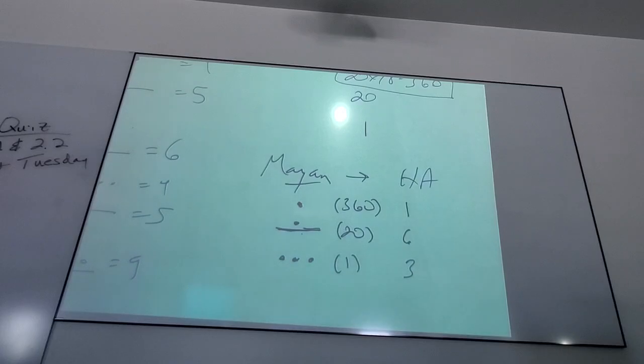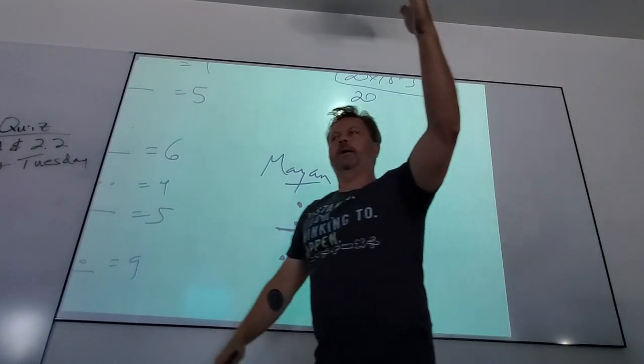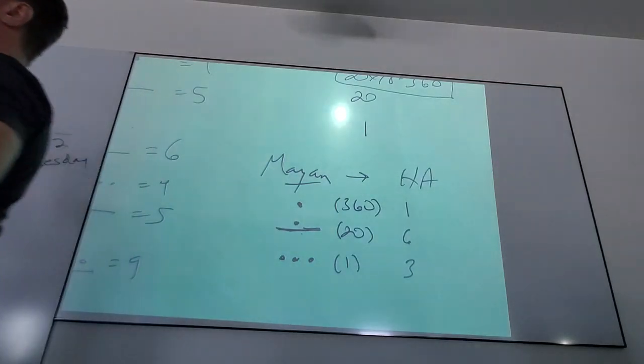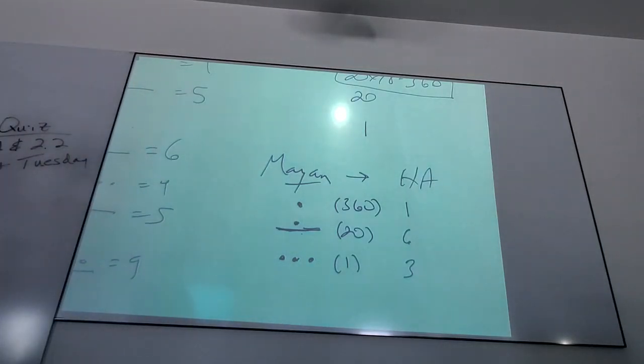3. So even though this is oriented a different way, their bases don't really follow the rules like they did before, it's the same math. It's exactly the same math. Translate the numeral into our numbers and then put the number together. I have 1 360 plus 6 20s plus 3 1s. Right? So what number would that be? 483.